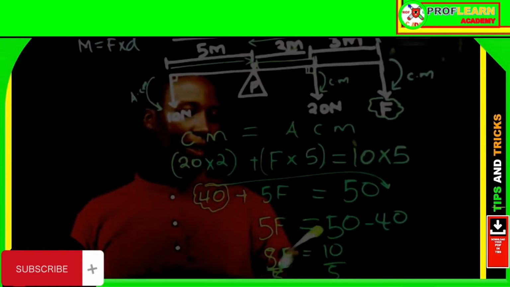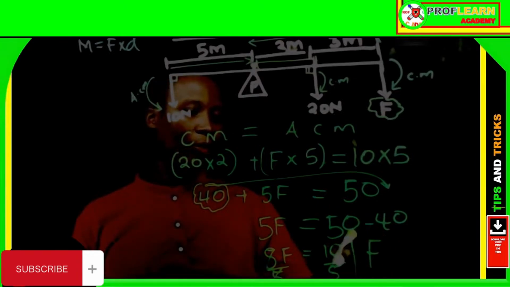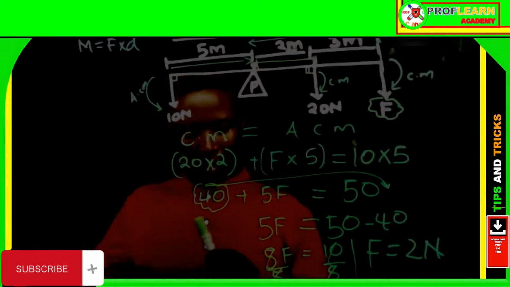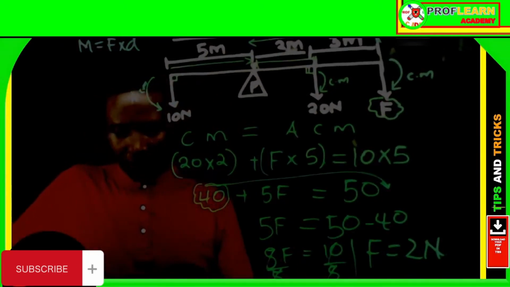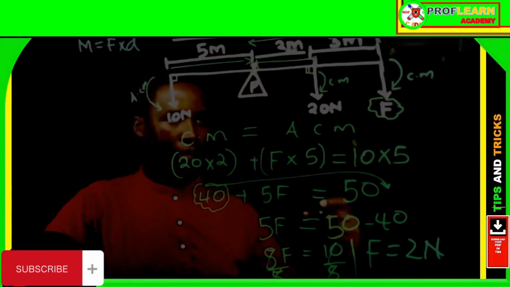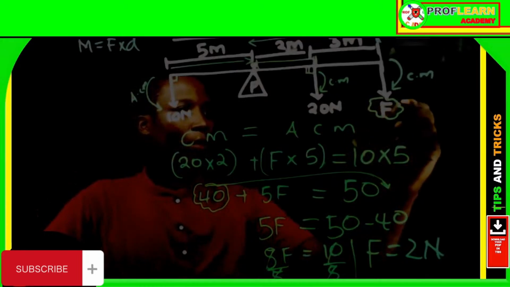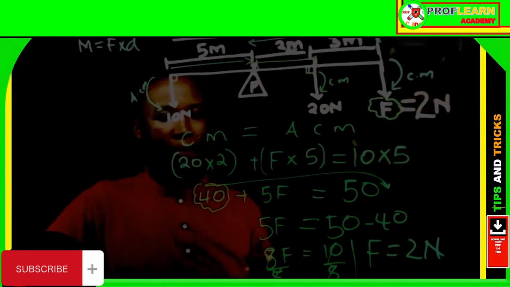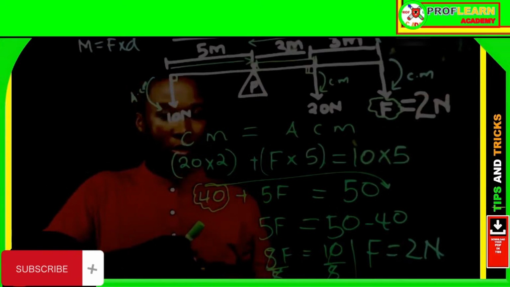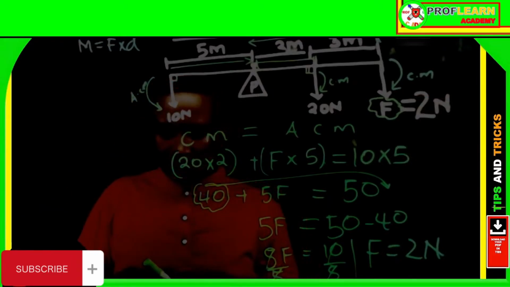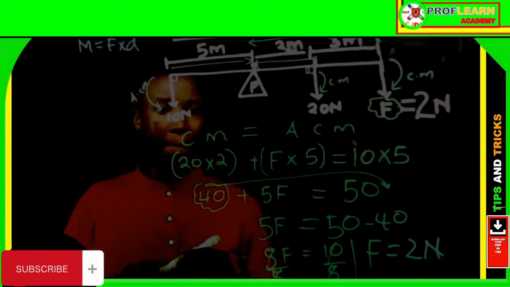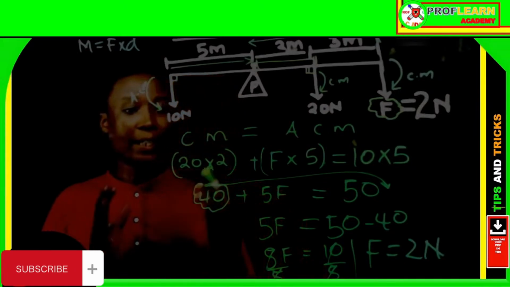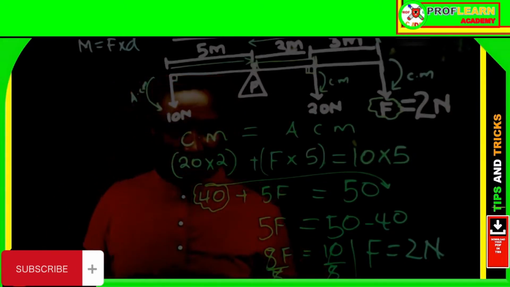And basically, our F is going to be equal to 2 Newton. So the force that we were expected to have here should be a force of 2 Newton. Then if the force is 2 Newtons, this is going to be at balance and at equilibrium.